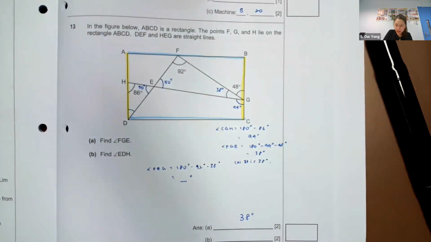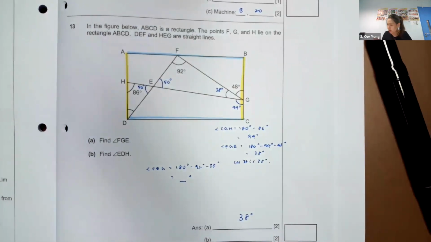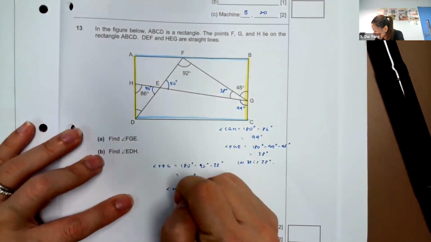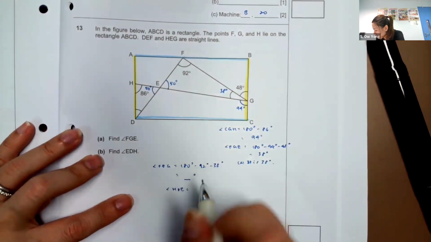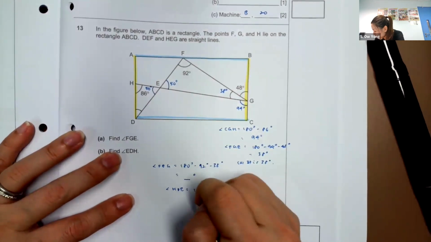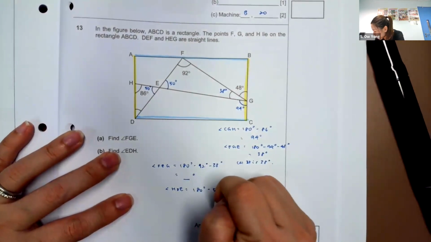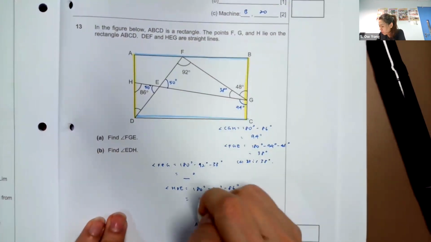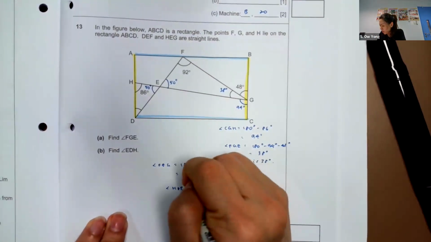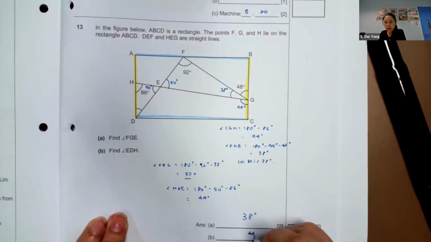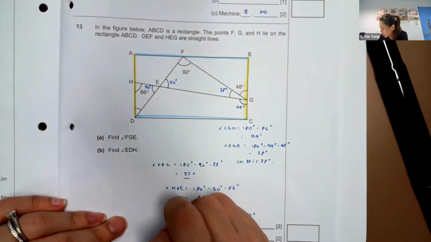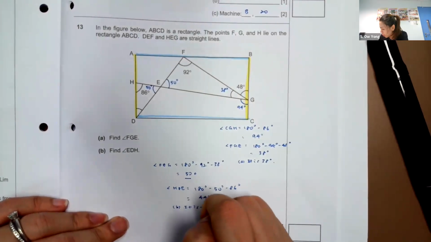All right, then to get the angle EDH, you can take 180 minus 50 degrees minus 86, whereby you will get 44 degrees. This is 50. So straight away I write down the answer, and I also write down the statement. It is 44 degrees.